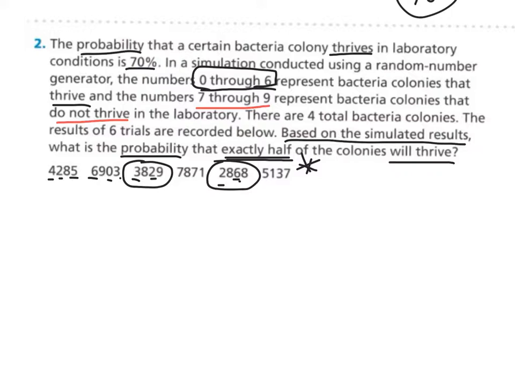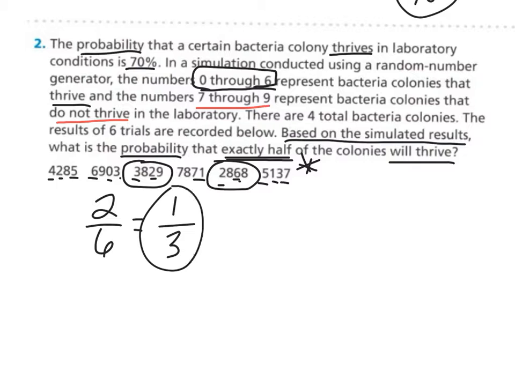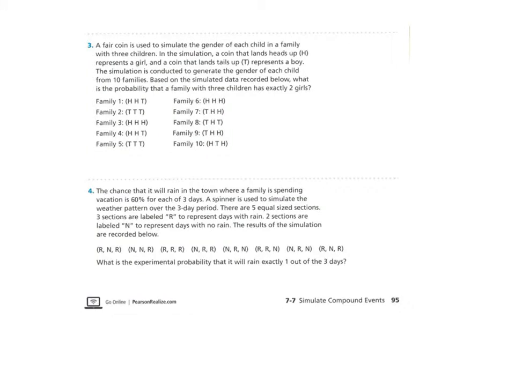Fourth one's only got 1, and then the last one has got a 513, that's got 3 of them. So just those 2, so that would be 2 out of 6, which we could reduce to 1/3. So 1/3, that's 33 1/3%, or 33.3 repeating percent chance of that happening.